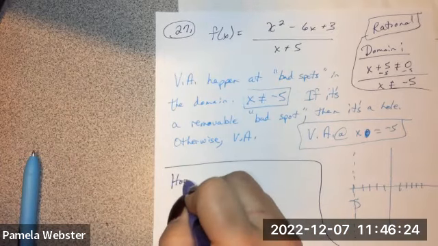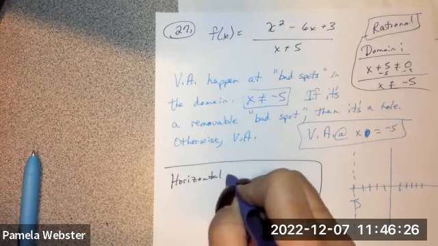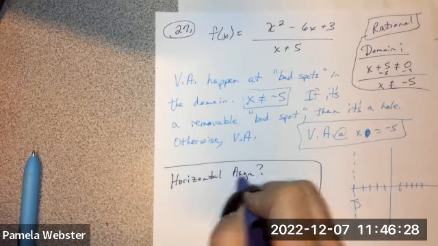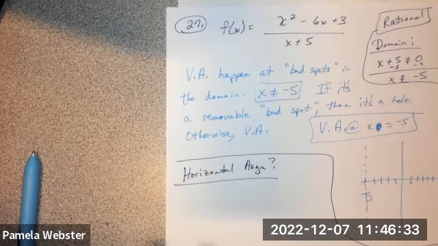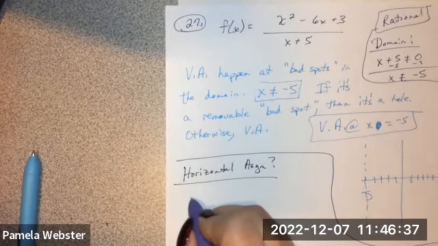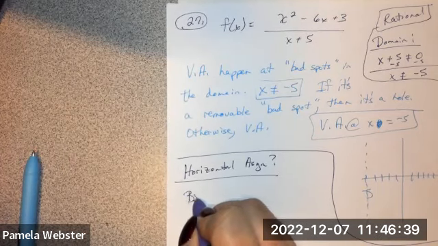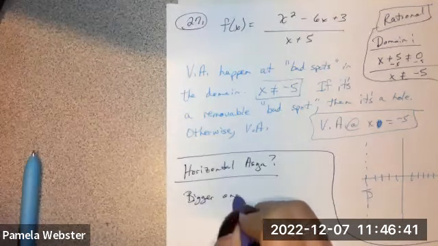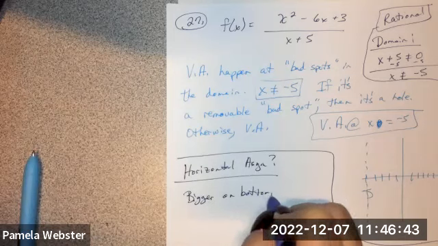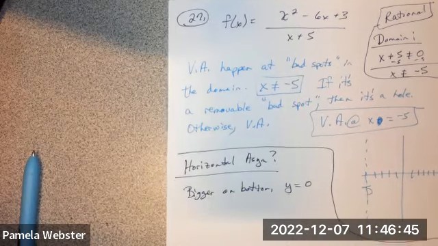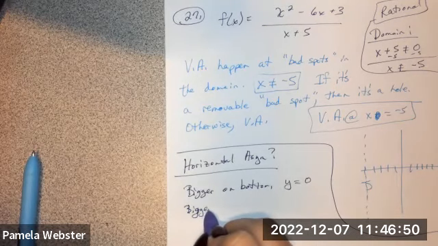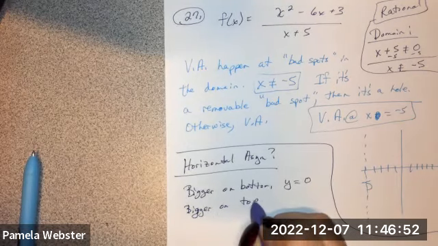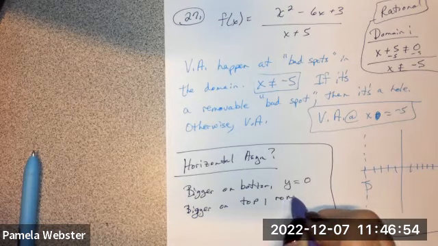Remember for horizontal asymptotes, there were actually 3 rules and they all had to do with your exponents. And I'm about to run out of time, I'm sorry. If the exponent's bigger on bottom, we get y equals 0, always. If it's bigger on top, then there's none.